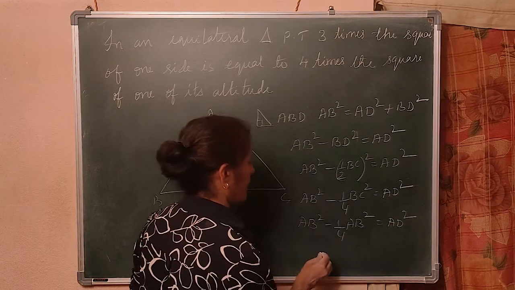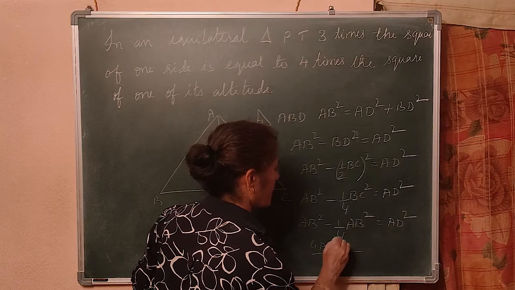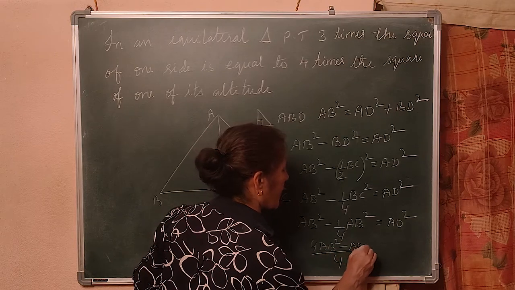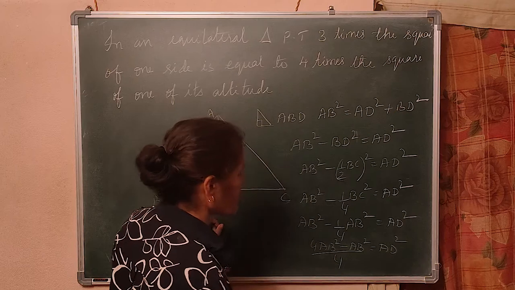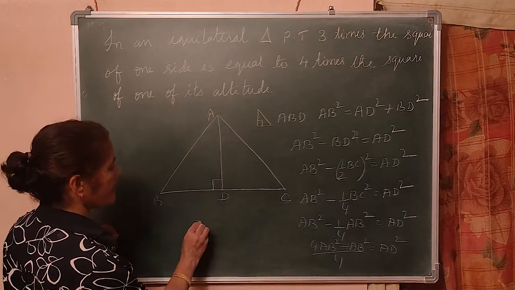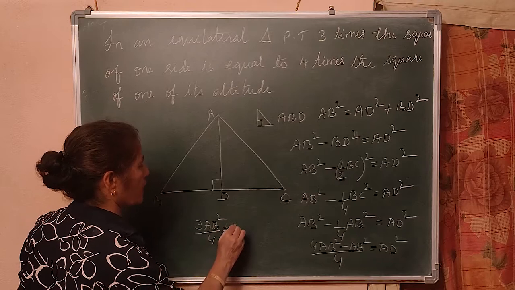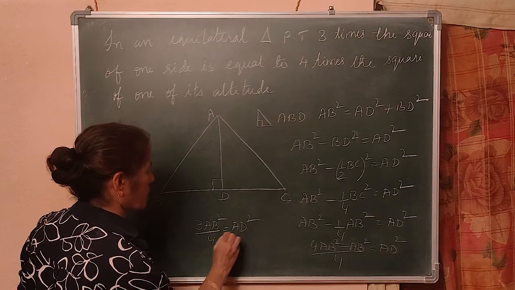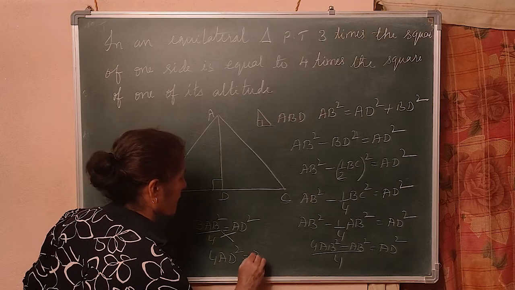So taking the common denominator, 4AB square minus AB square is 3AB square divided by 4 is equal to AD square. Cross multiplication: 4AD square is equal to 3AB square.